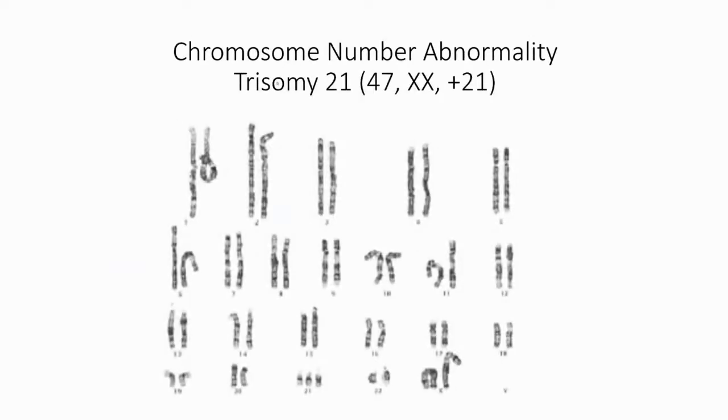And then for this one, the trisomy 21, that means chromosome 21 has 3 copies. So you look at 21, you have 3 here. So it's 47, XX, that means female, plus 21, that means this one extra chromosome is chromosome number 21. Okay.